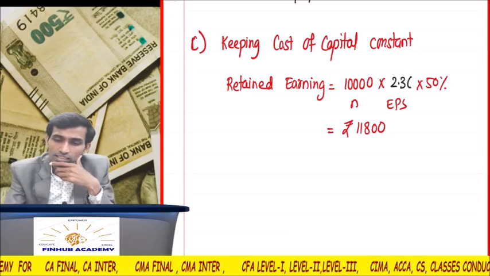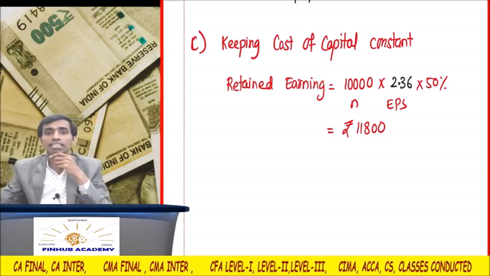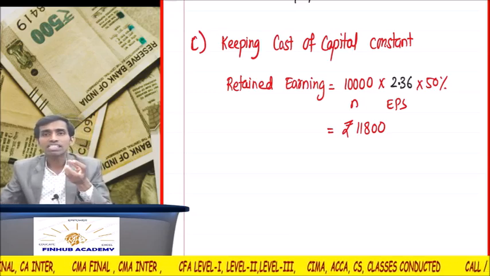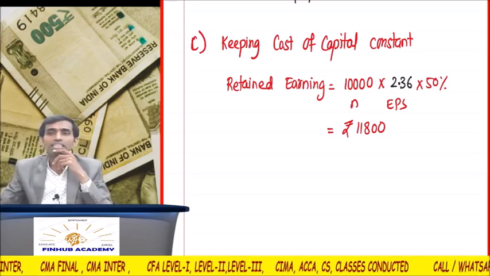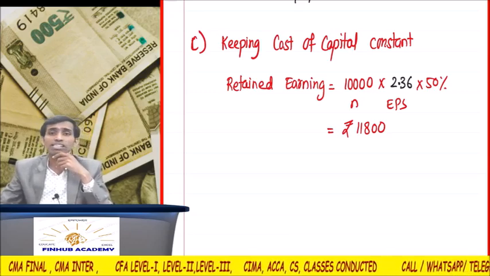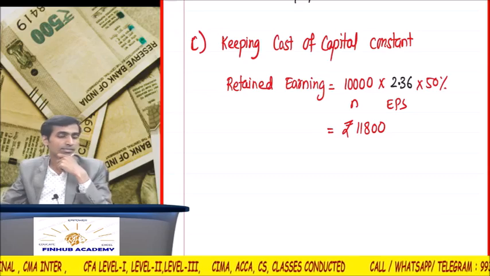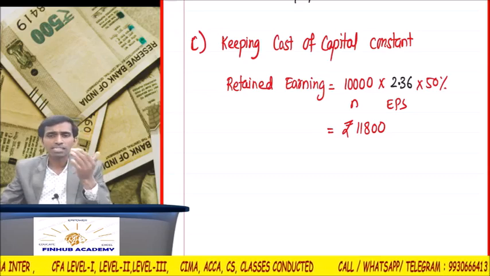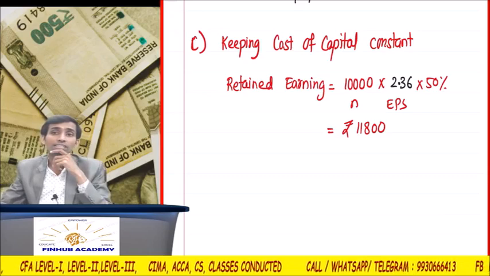I'm not calculating market price. Retained earning: EPS is 2.36 multiplied by 10,000. 23.6 is market price. 50% we will retain, meaning 11,800 we have retained.